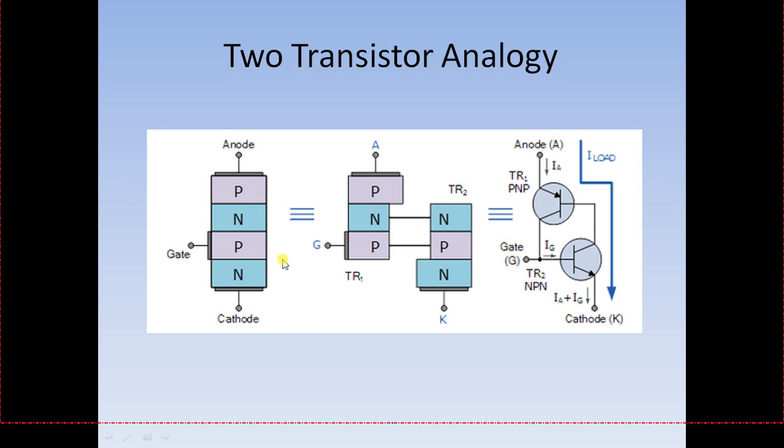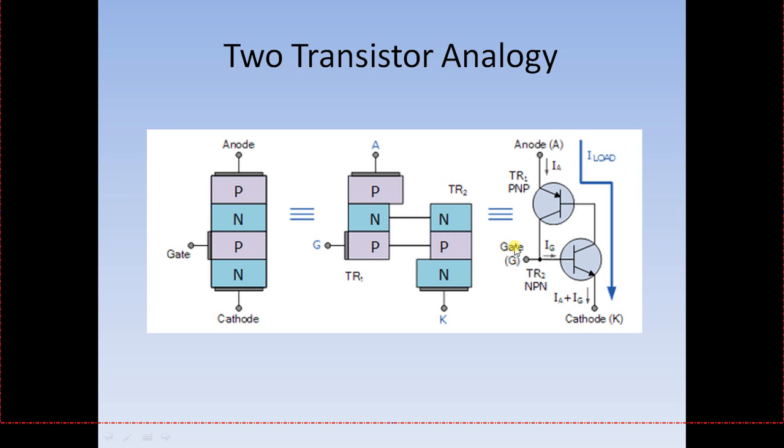Okay, so now if we consider them to be two transistors, when does a transistor start conducting? Only when there is some base current. Okay, it has to have some base current. Only then can a transistor conduct.